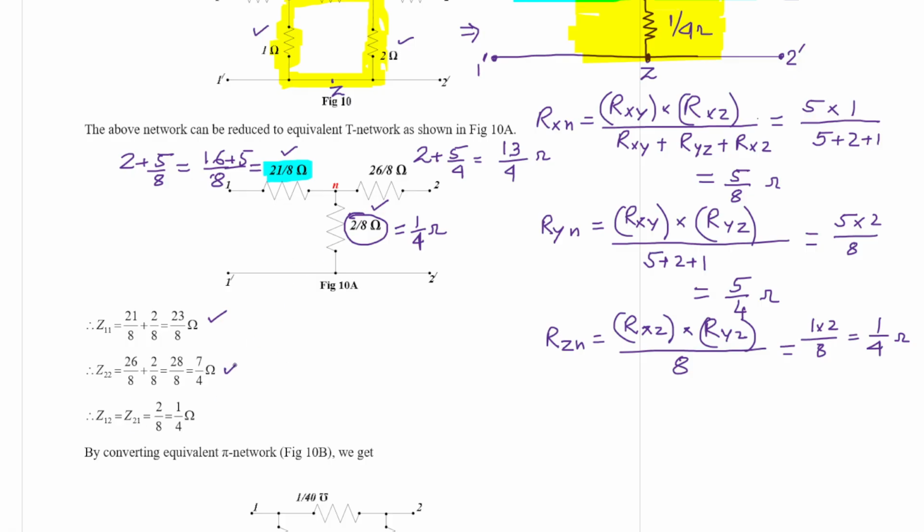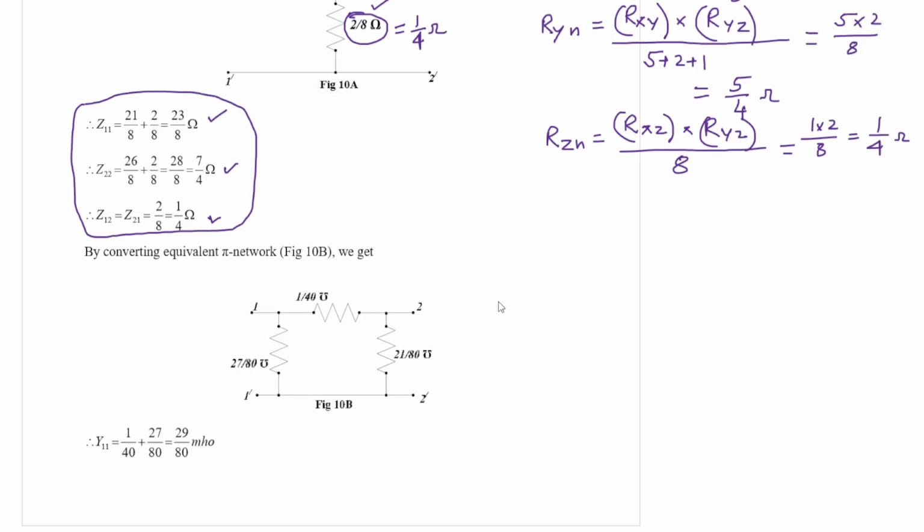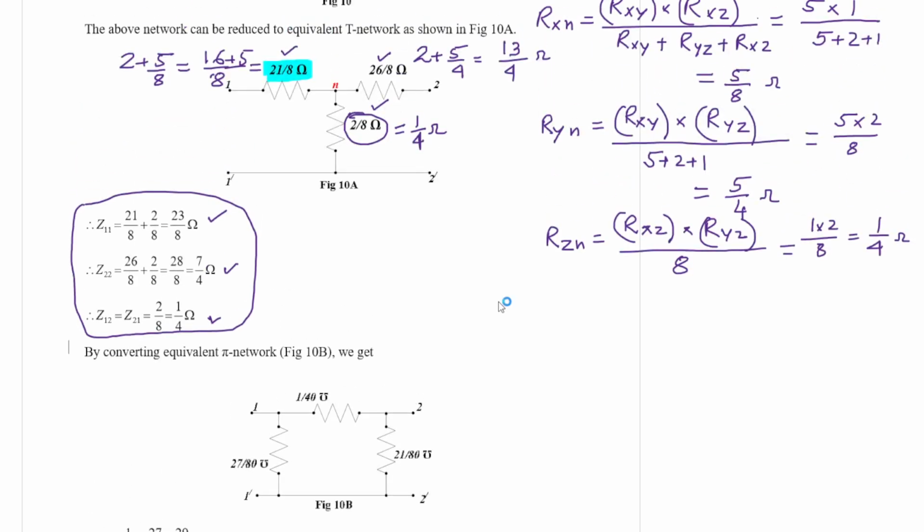What is Z22? Z22 is nothing but 13 by 4 or 26 by 8 plus 2 by 8, which is 28 by 8, or it is 7 by 4 ohm. And finally, we have Z12, Z21 will be equal to 2 by 8, or it is equal to 1 by 4 ohm. So in this way, quite easily we can directly write the result. If you encounter a T network of this kind, we can directly get the Z parameters out of this network.